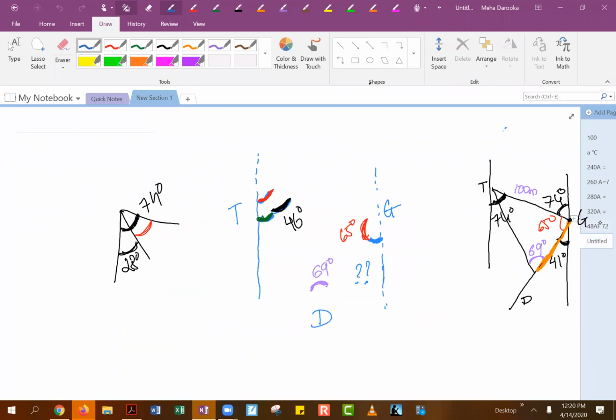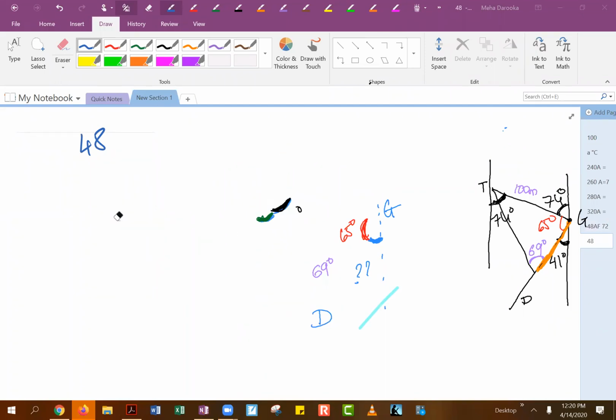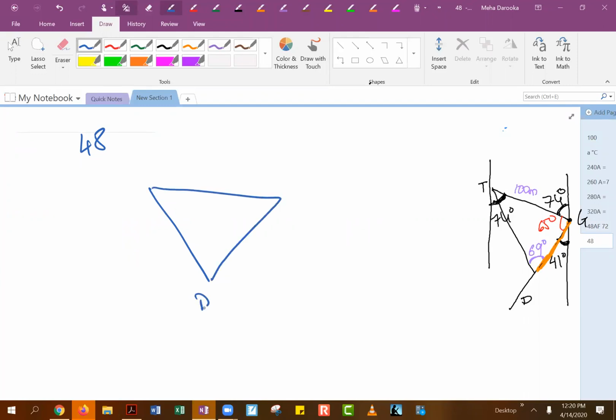This is a mess, but let me try and get us an image over here. Yeah, so basically now we have our triangle to help us out. This is our dock, gazebo, and tree.